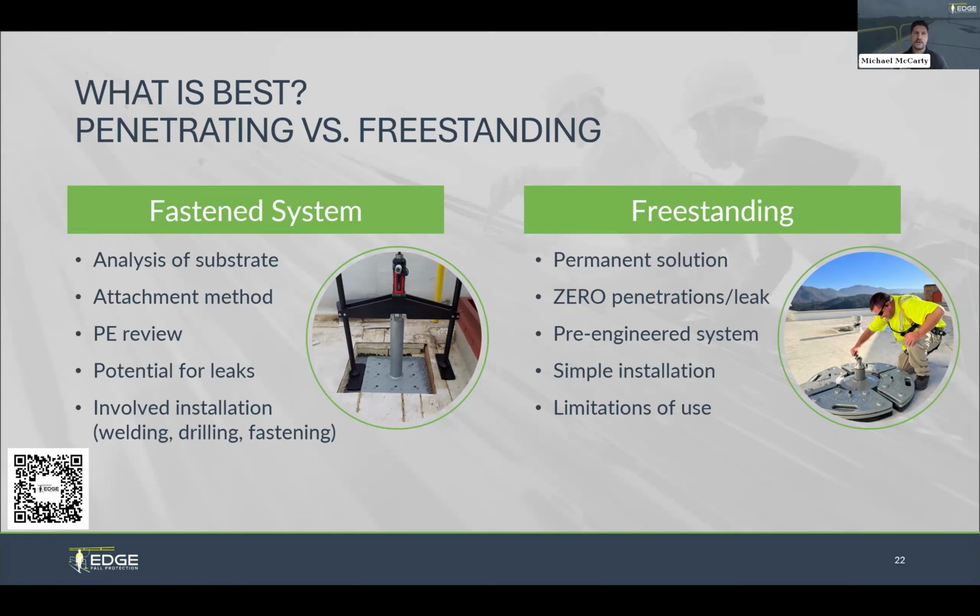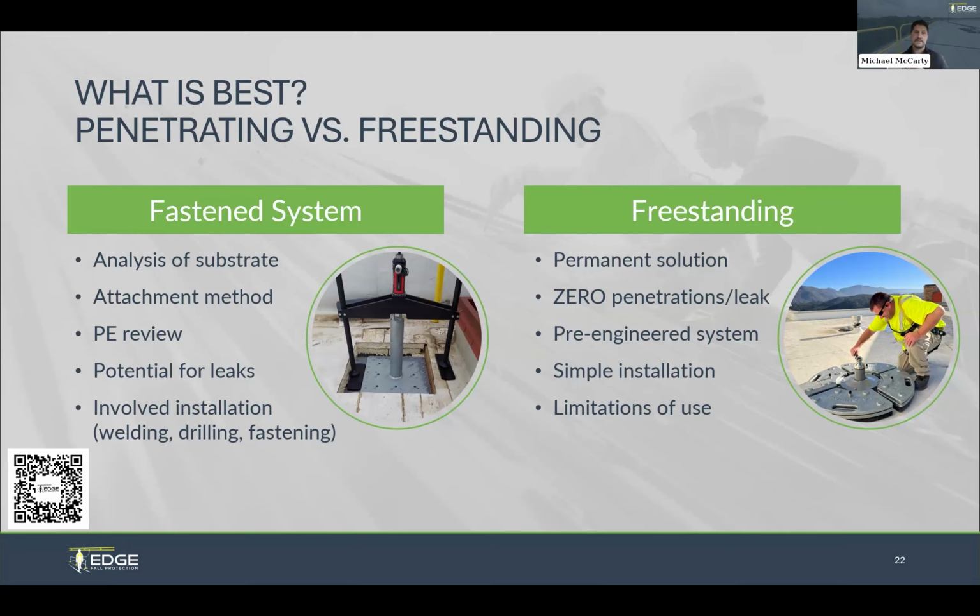The installation can require a hot work permit. There can just be more things involved. Generally with the fastened systems, the product is much less expensive. You do add more labor with the installation and with the PE review, which can be challenging in and of itself, getting the right information. But it's a really great option for a lot of scenarios.